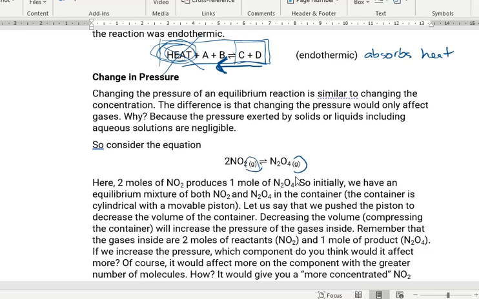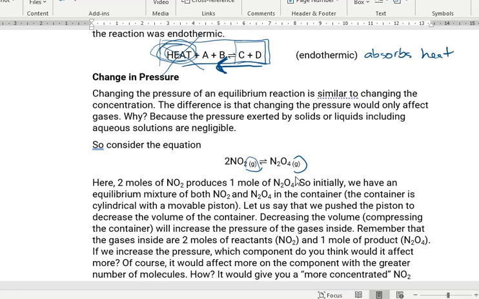Okay? So, as I've said, pressure also affects the equilibrium system. It could disturb an equilibrium system, especially only if you have gaseous components in your system.